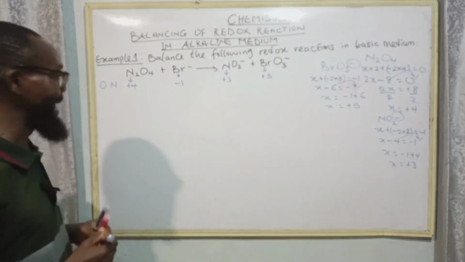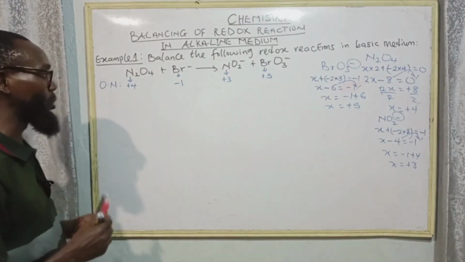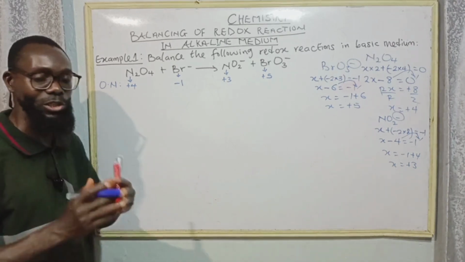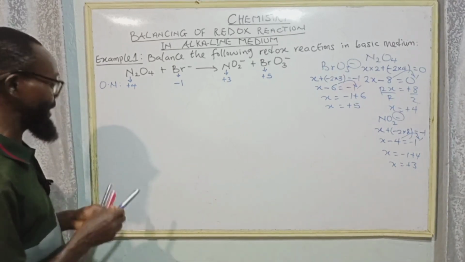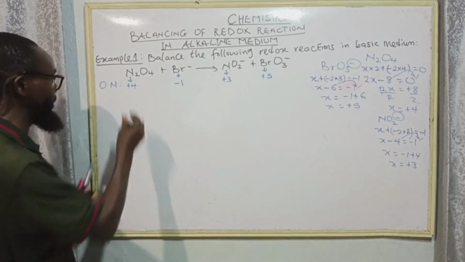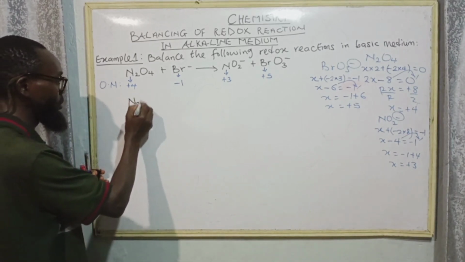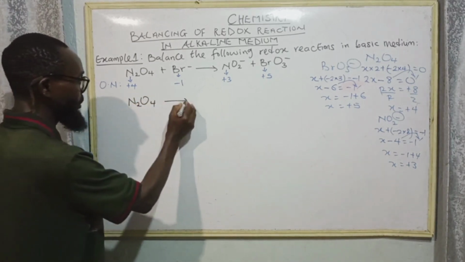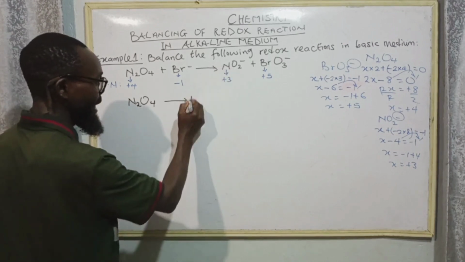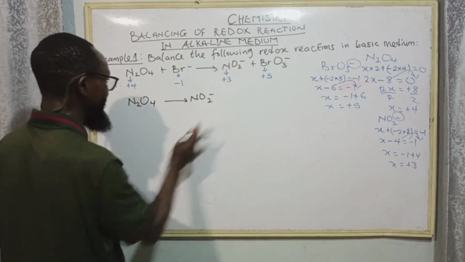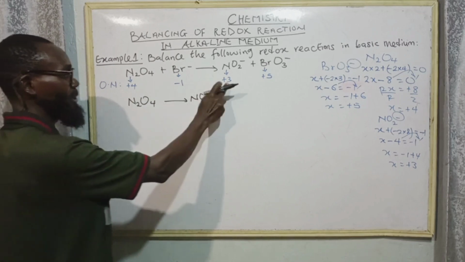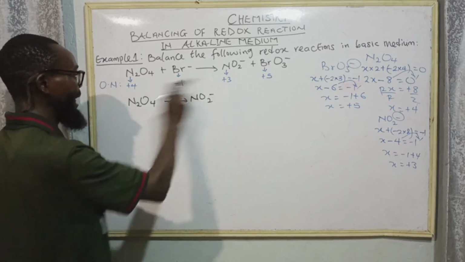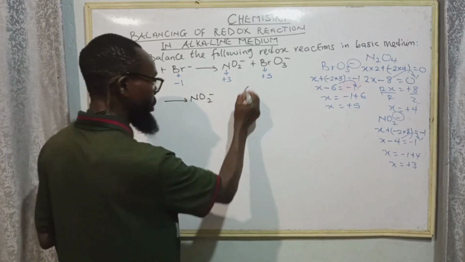Now, the next step is to group this into oxidation and reduction. Let's take a look at this. N2O4 is moving to NO2 minus. You can see plus 4 to plus 3, it's decreasing. That is what we call reduction.